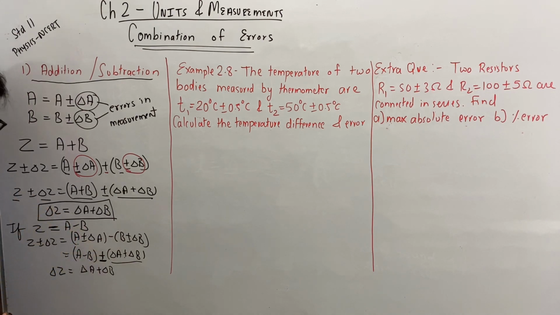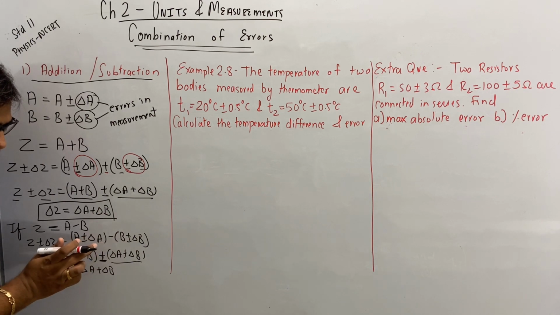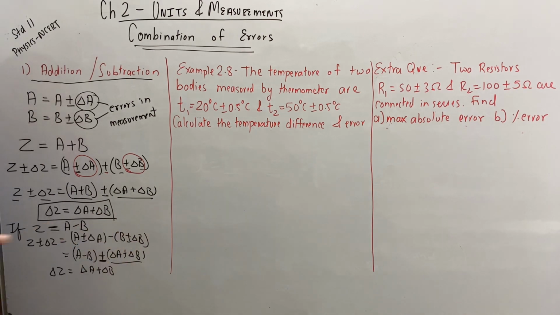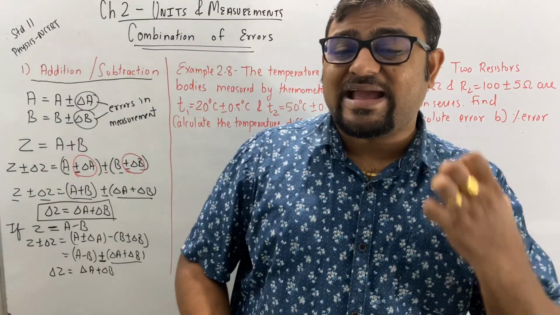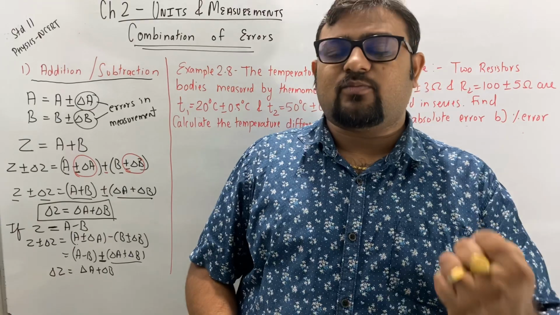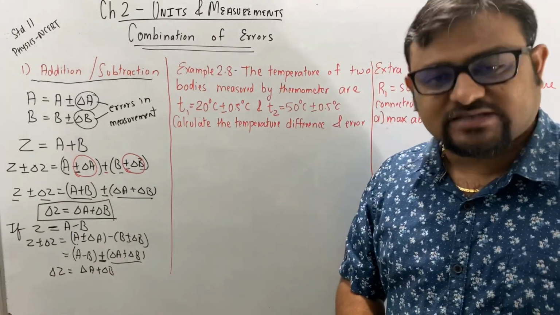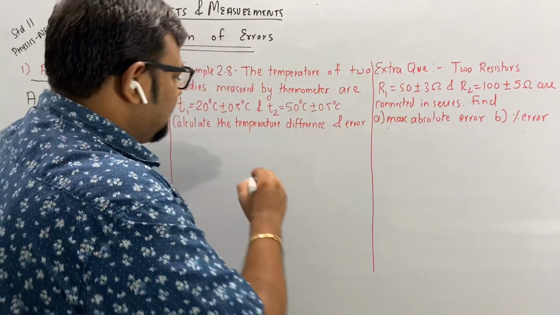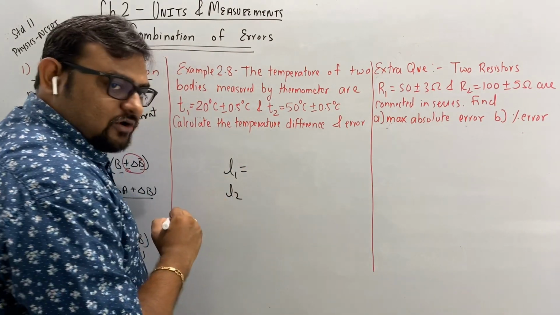Now you might think that as it is minus, why is it not delta A minus delta B? Because we are finding the maximum possible error. I will show you with an example. You are measuring one length L1 and one length L2.